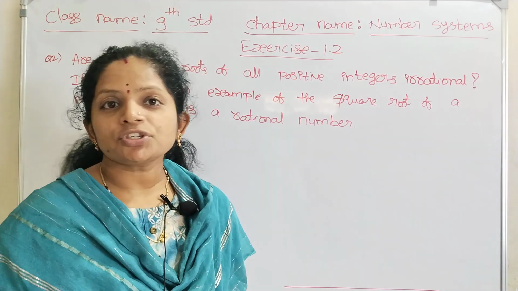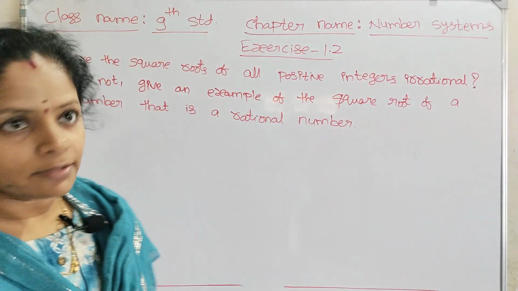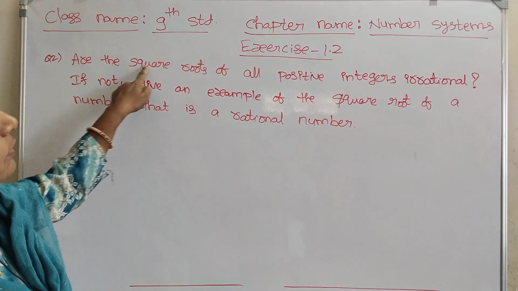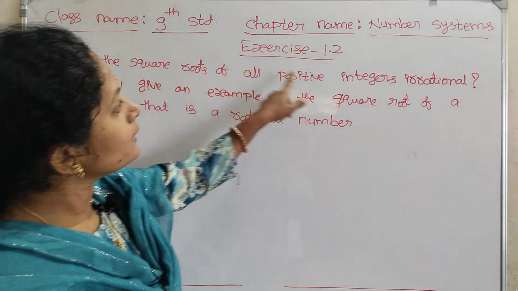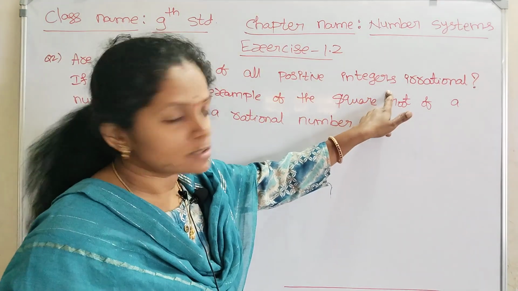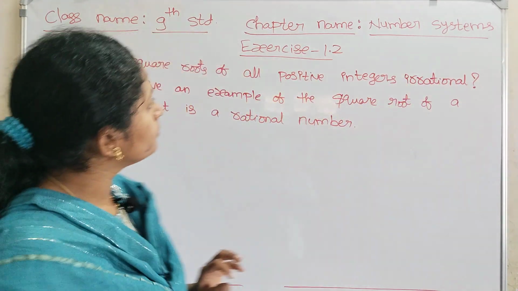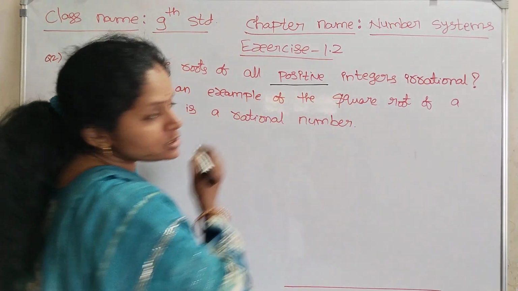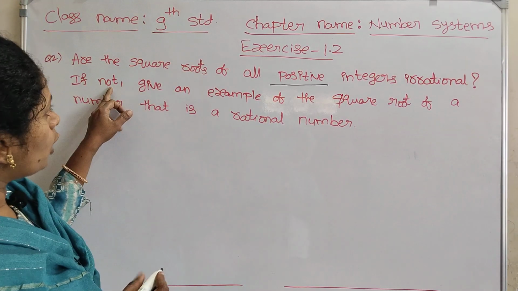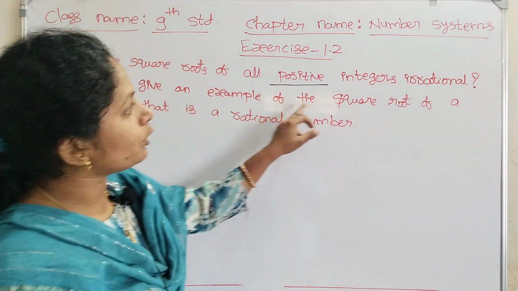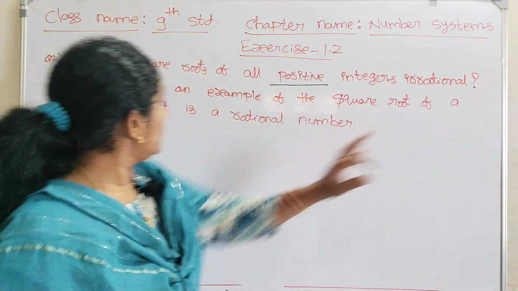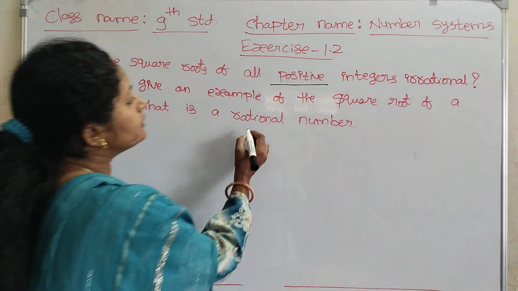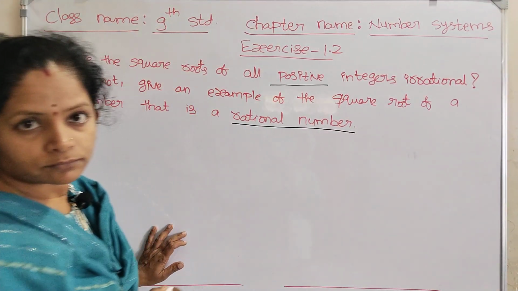Let's move towards the question number 2. It is asked: are the square roots of all positive integers irrational? It means here we have to take only the positive integers. If not, give an example of the square root of a number that is a rational number.